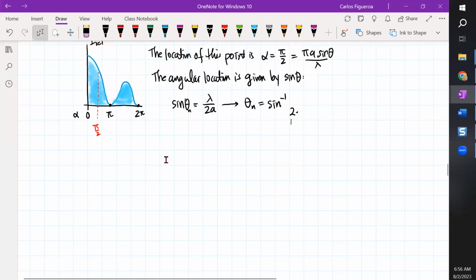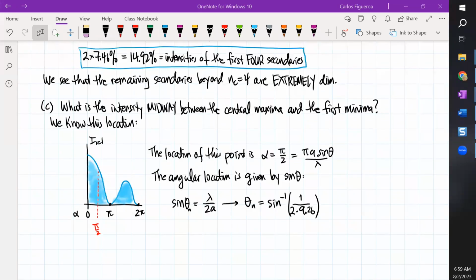I have to get this angle right here. So this numerical value ends up being 3.10 degrees.